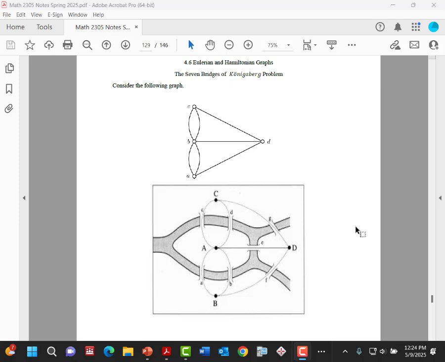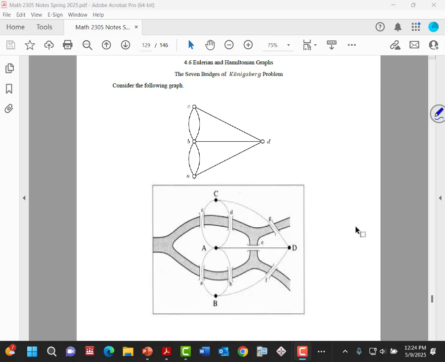So Leonhard Euler, the famous mathematician, was in Königsberg, a major city in what was at the time Prussia. This city was traversed by a river, and there was an island in the middle of this river, and then bridges that would connect it to the mainland on opposite sides of the river.